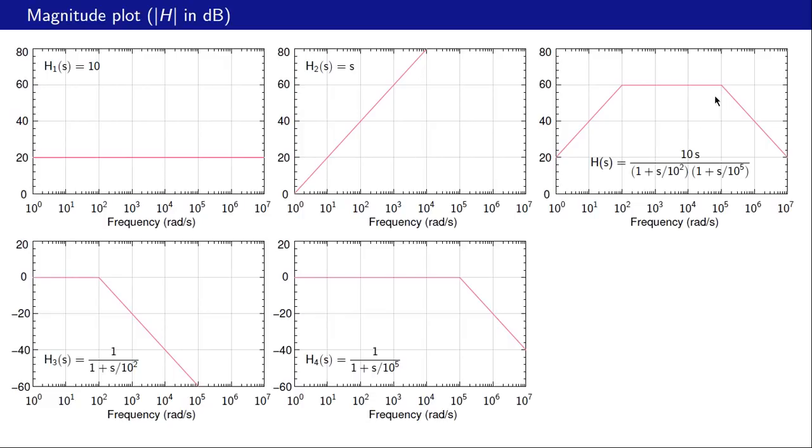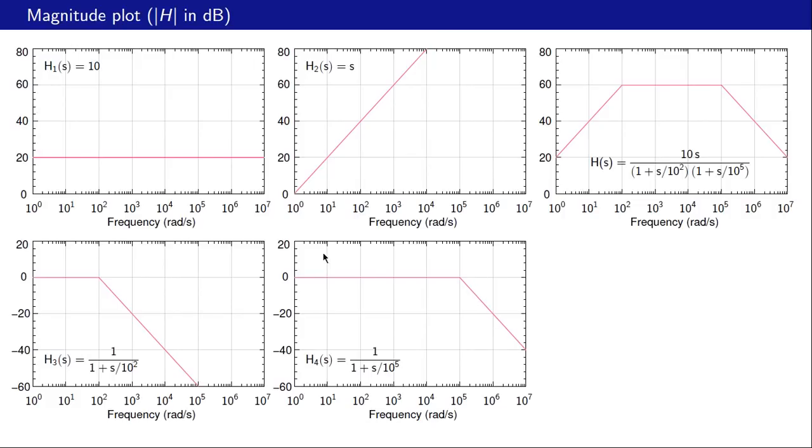After this breakpoint, there is no further breakpoint to worry about. So all we need to do now is to find the net slope for omega greater than 10 raised to 5 radians per second. This is 0 dB per decade, minus 20 dB per decade, plus 20 dB per decade, and minus 20 dB per decade.